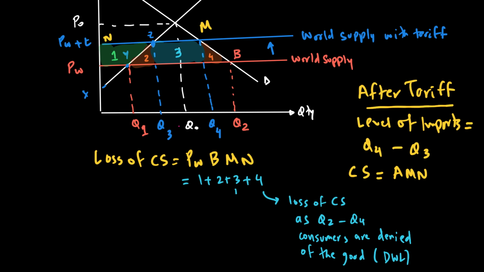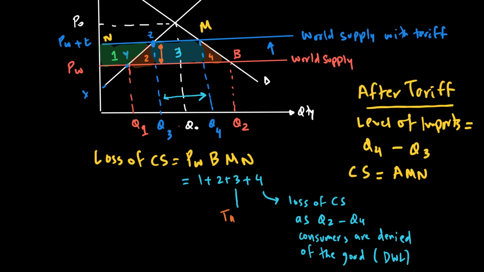Area 3, on the other hand, if you look at it, is this distance Q4 minus Q3, which is my level of imports now, times this distance, which is the amount of tax, P_W plus T minus P_W. So area 3 is actually what we call our tax or tariff revenue. Let me write this.